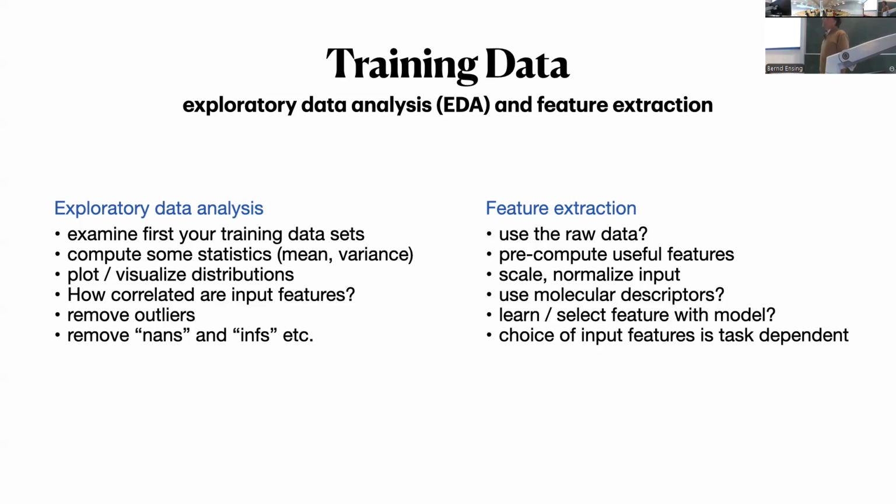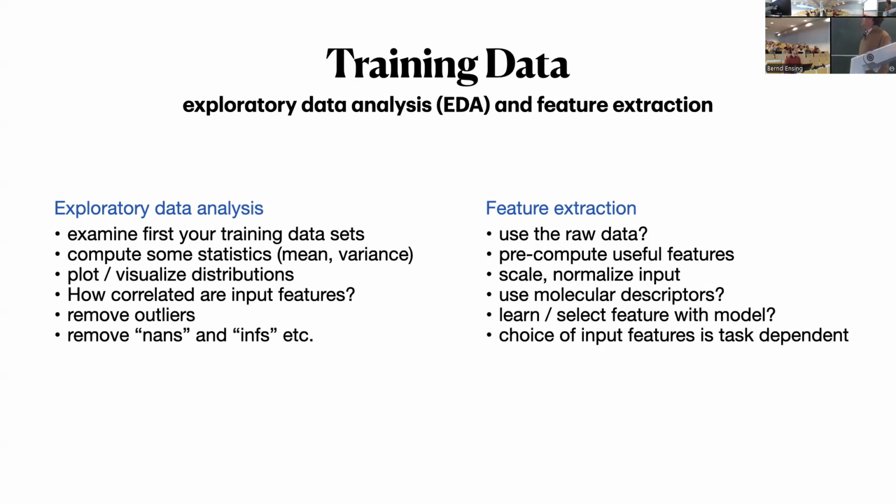You may want to use molecular descriptors for chemical problems, and I'll teach you about 3 molecular descriptors in the next slide. And sometimes you can also use another model to learn good features and select what are good features.